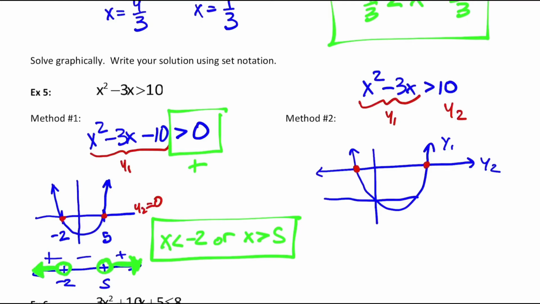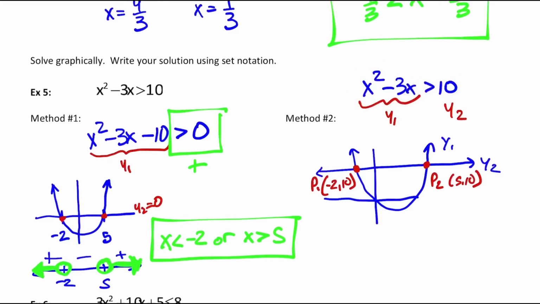So I need to find these coordinates, P1 and P2. You have to go through your second calc intersect. And here, I want to make sure it's accurate. I got negative 2, 10. And this one is going to be 5, 10. Here's why this is, I think, a little bit more complicated, because I need to know where this piece is greater than 10.